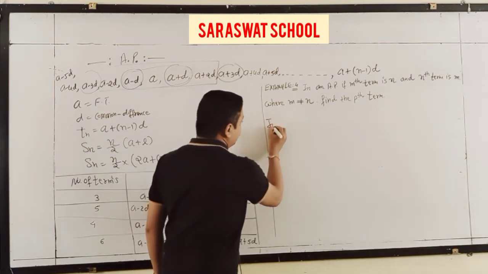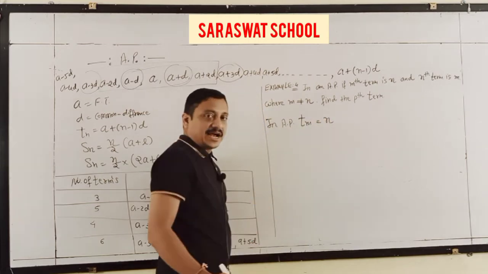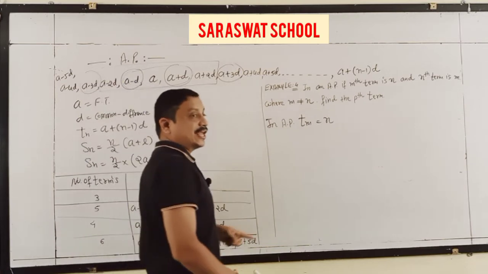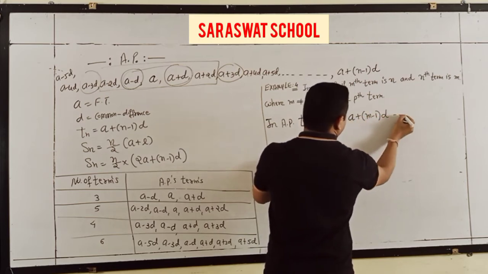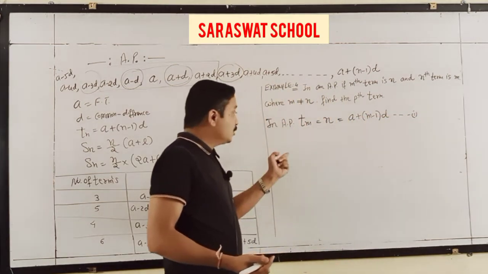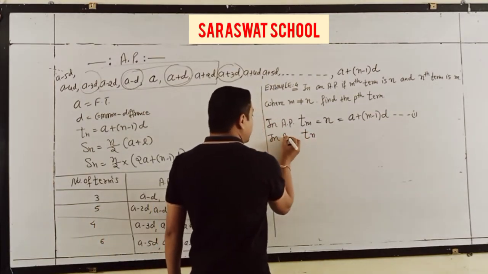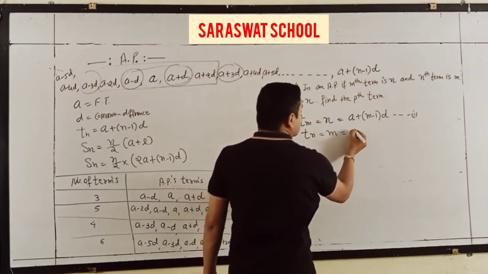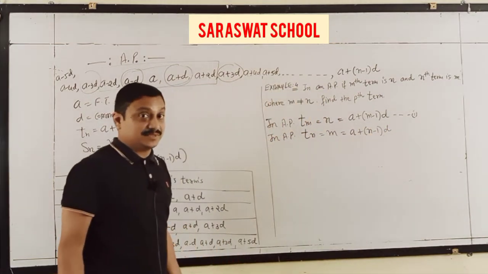In an AP, the mth term, which is given as n, I define as a plus m minus 1 d. And the nth term is m, so a plus n minus 1 d.